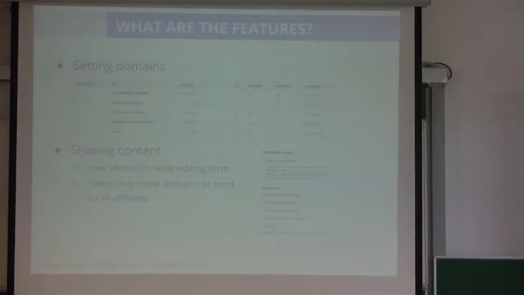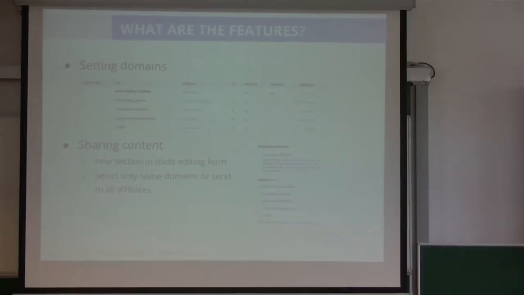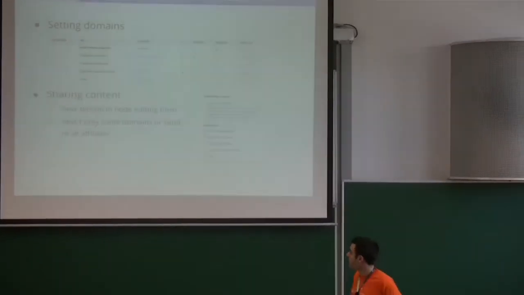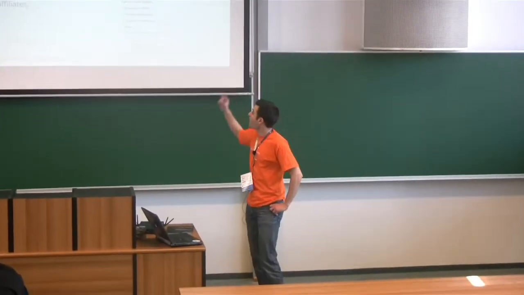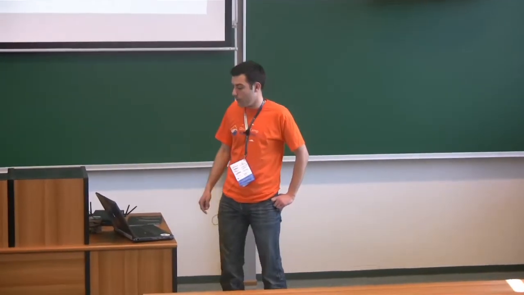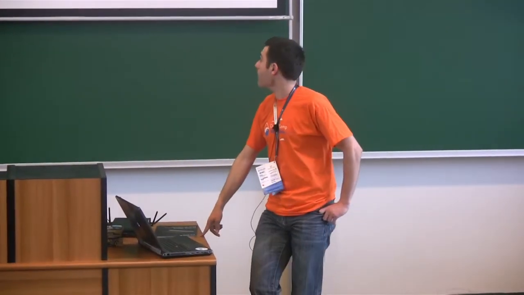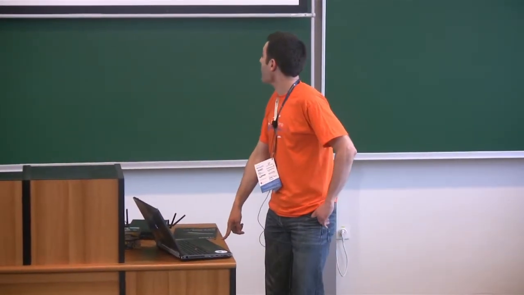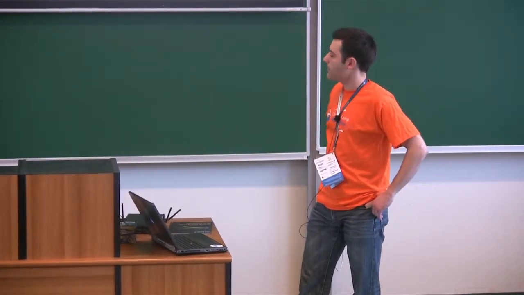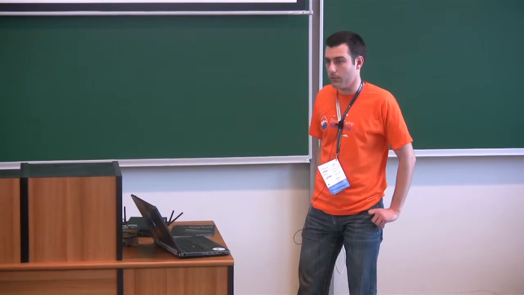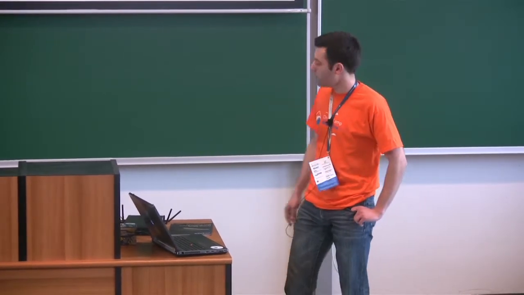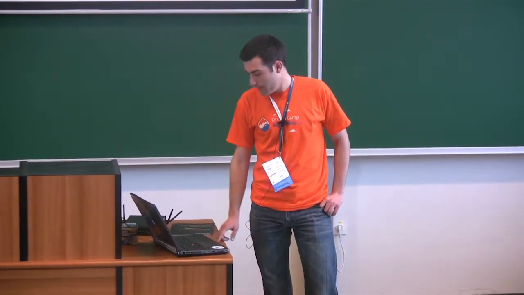If you only want to publish it to one site, actually one domain, you just tick one box. If you want multiple sites, you tick multiple. You also have an option to send to all affiliates, and this setting overrides all the settings below, because it sends this content to all the available domains, to all affiliates.